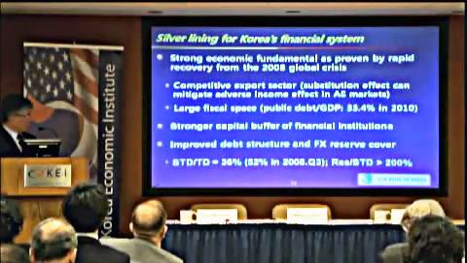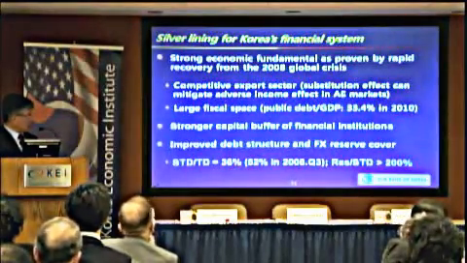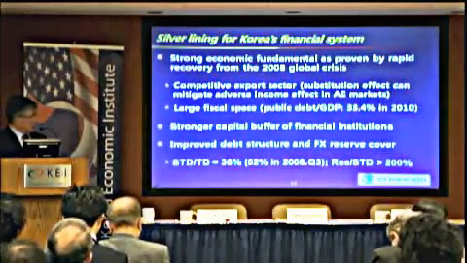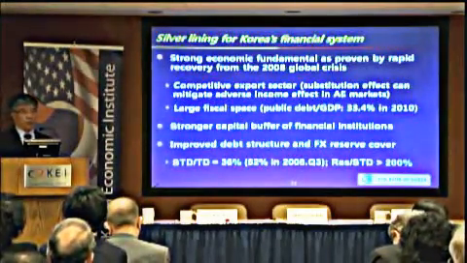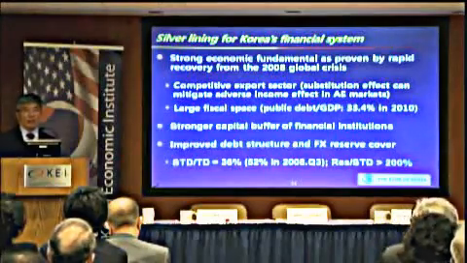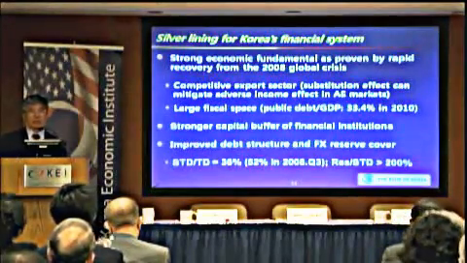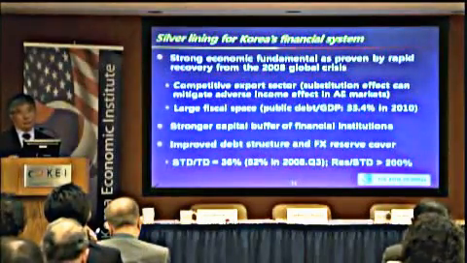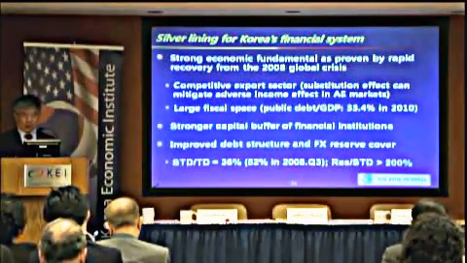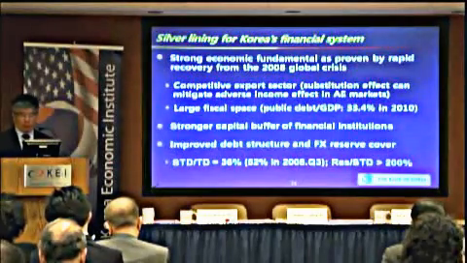It was 52% 3 years ago, but now it has been reduced to 30%. And the amount of foreign reserves relative to short-term debt turned out to be over 200%. We currently have a little over $300 billion of foreign reserves, and that is more than twice our short-term debt.